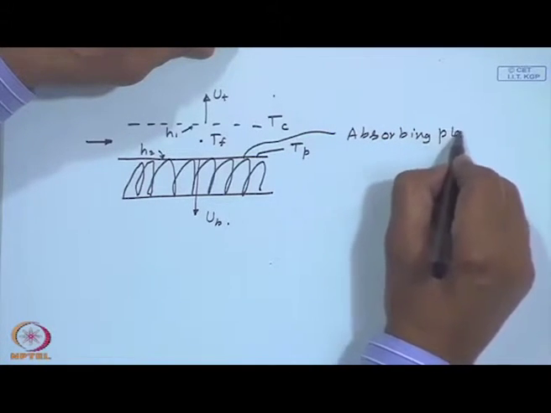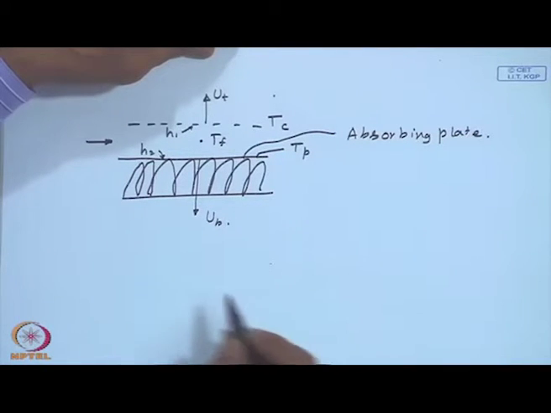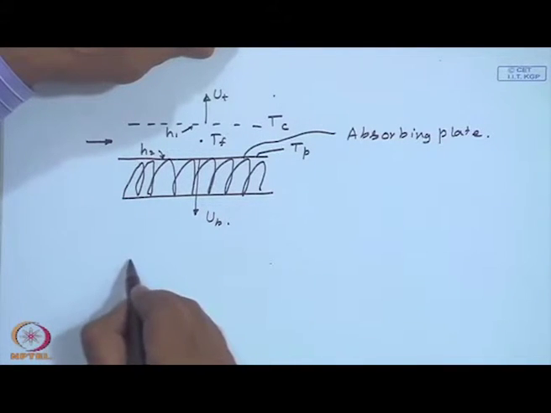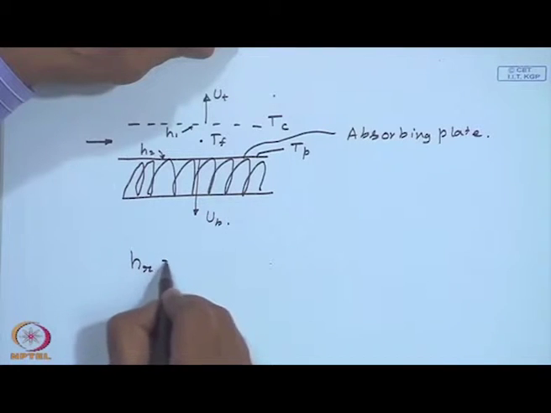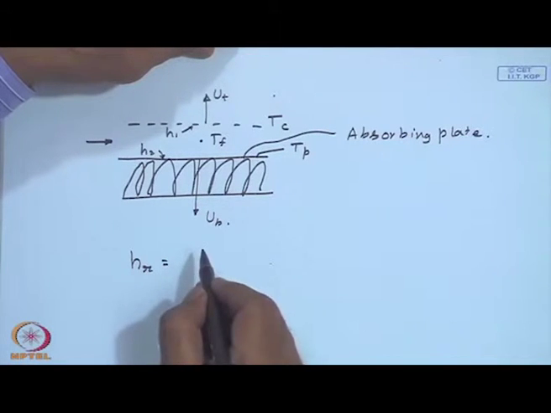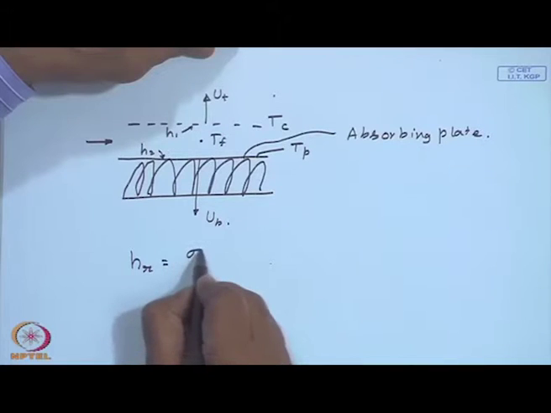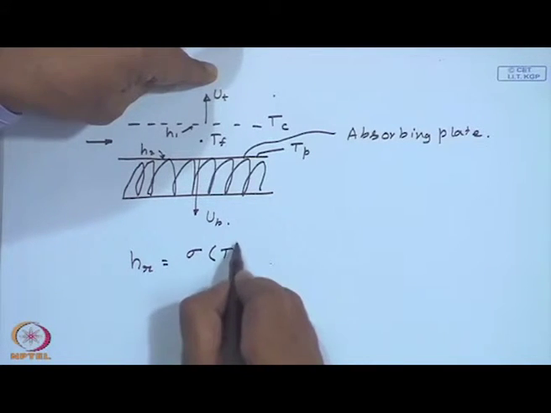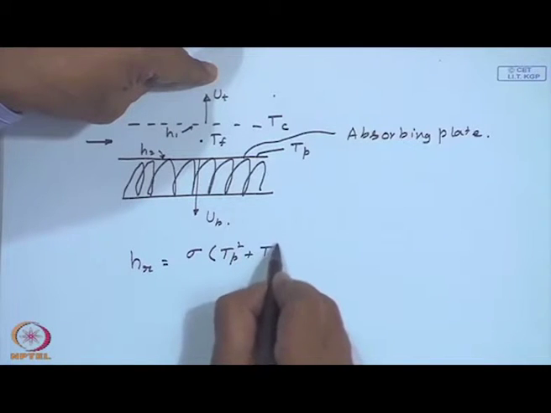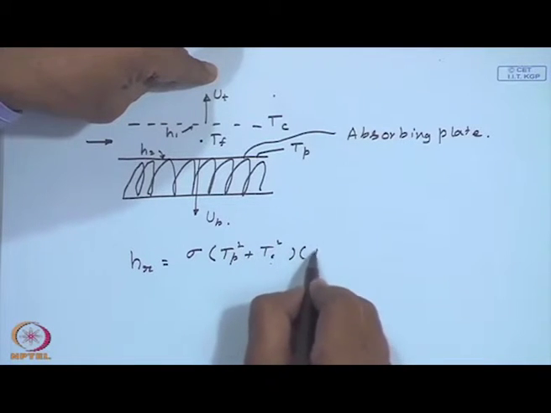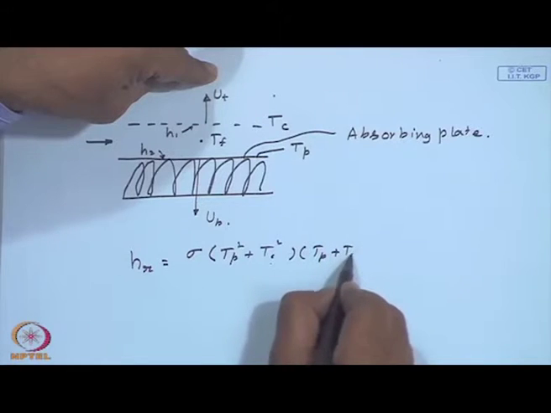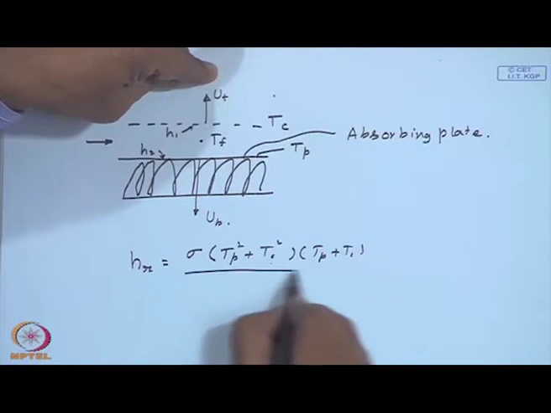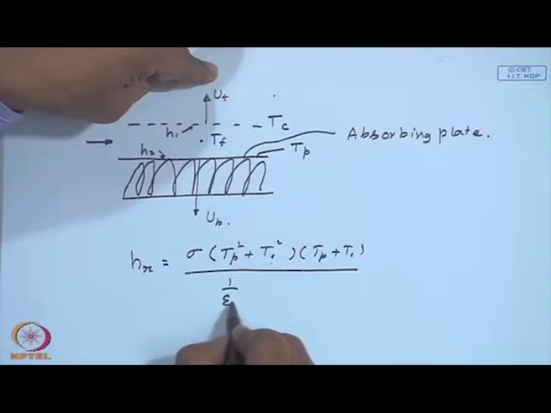So, we can write down straight away the radiative heat transfer coefficient between the plate and the cover: Hr is sigma times Tp squared plus Tc squared times Tp plus Tc, divided by 1 upon epsilon p plus 1 upon epsilon c minus 1.